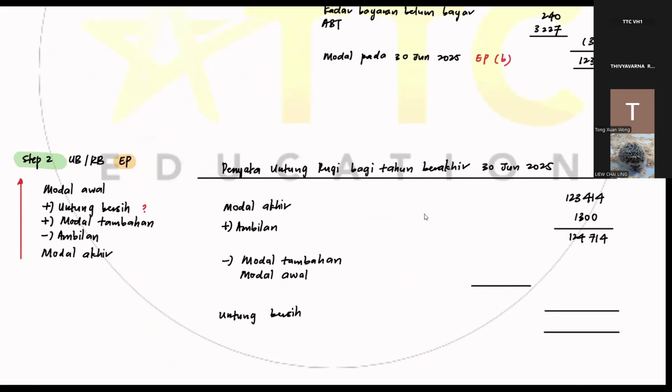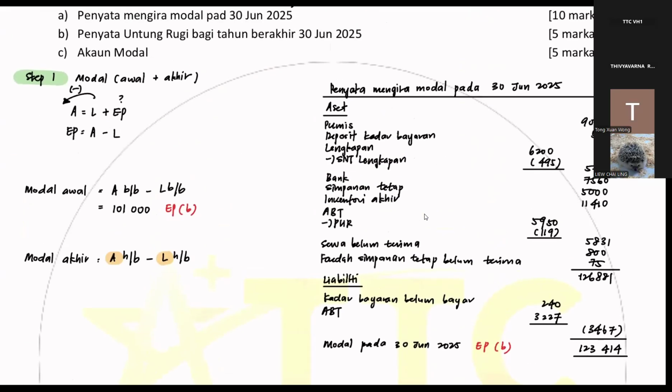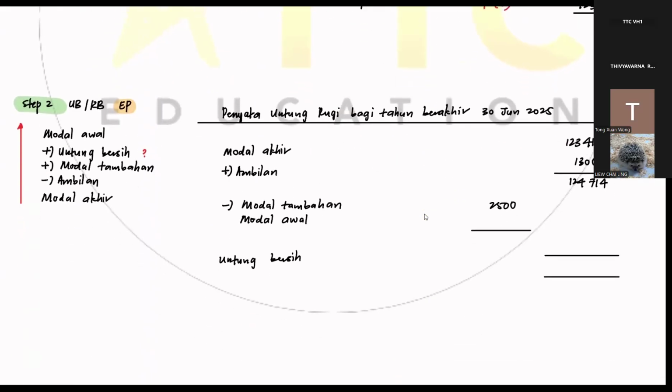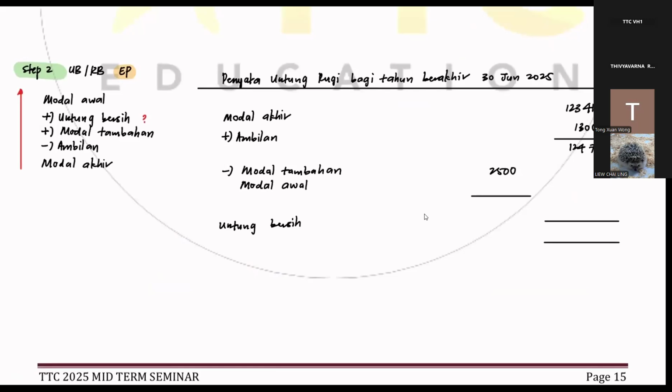Continue by modal tambahan. We got just now 2,500. Modal awal, let's see here. That's why I mentioned, no matter how you still need to find the modal awal because it is for us to find out untung bersih by using pernyataan untung rugi later. So fill it here. Then you will get 103,500.